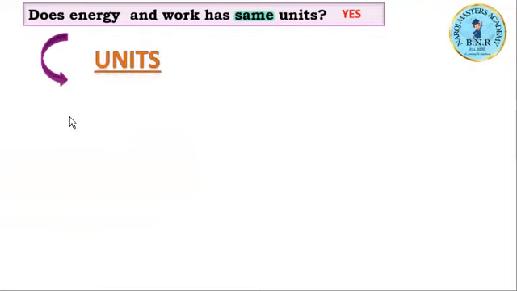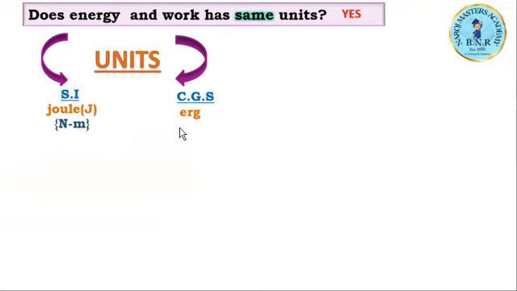Units for work: SI unit joule, that is Newton meter, and CGS unit erg, that is dyne centimeter.